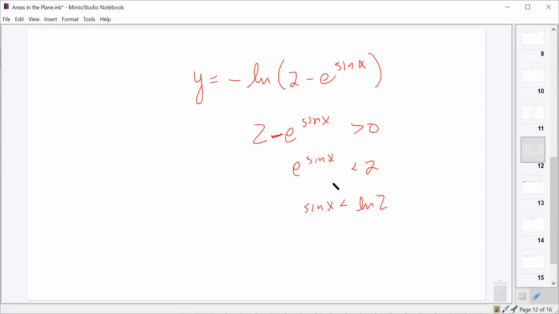So if we take the inverse sine of natural log of 2, x should be less than that, but it should be greater than the value in the second quadrant that has the same reference angle, which would be the inverse sine of natural log 2 minus 3 pi over 2 to swing all the way back around to the second quadrant again.